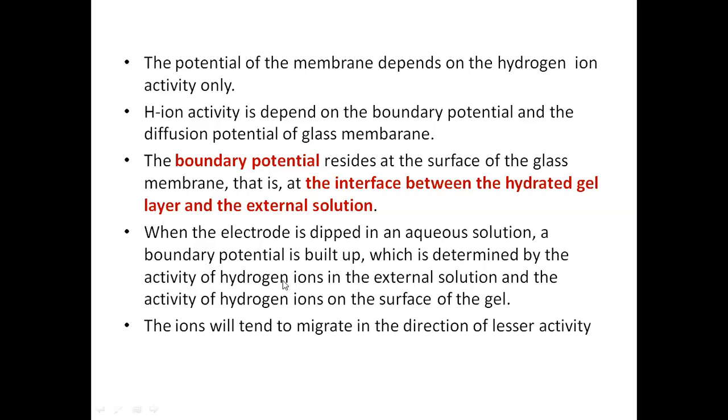Okay, so now see what happened. There are two kinds of hydrogen ions, one on the internal side and the other in the external solution. So the activity of hydrogen ion in the external solution, and the activity of hydrogen ion on the surface gel, we have to remember. And what happened?